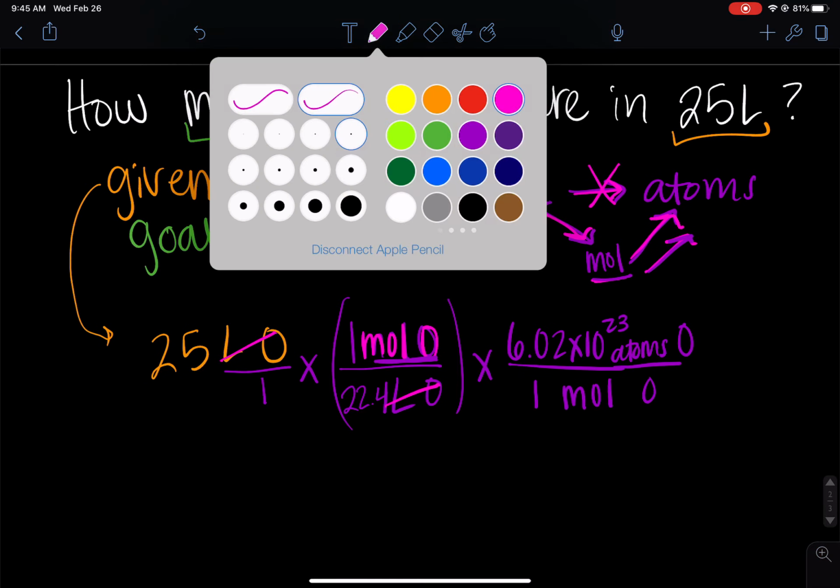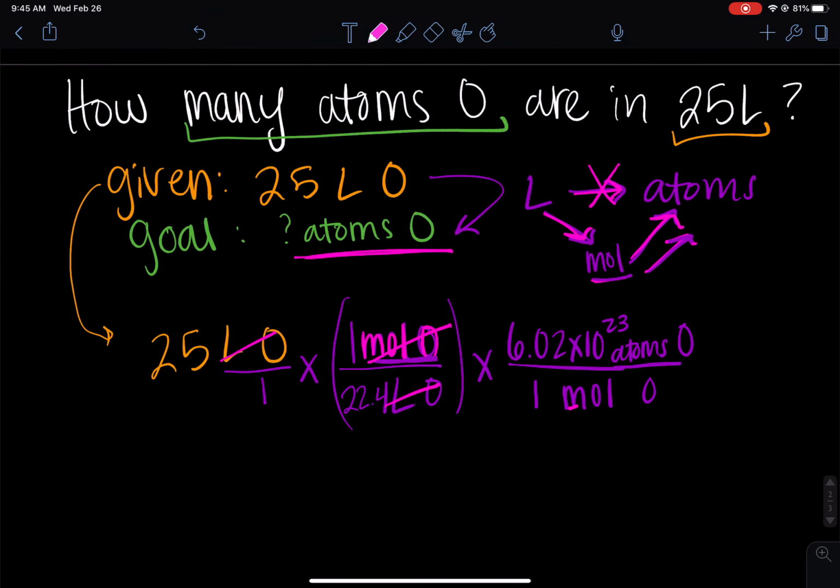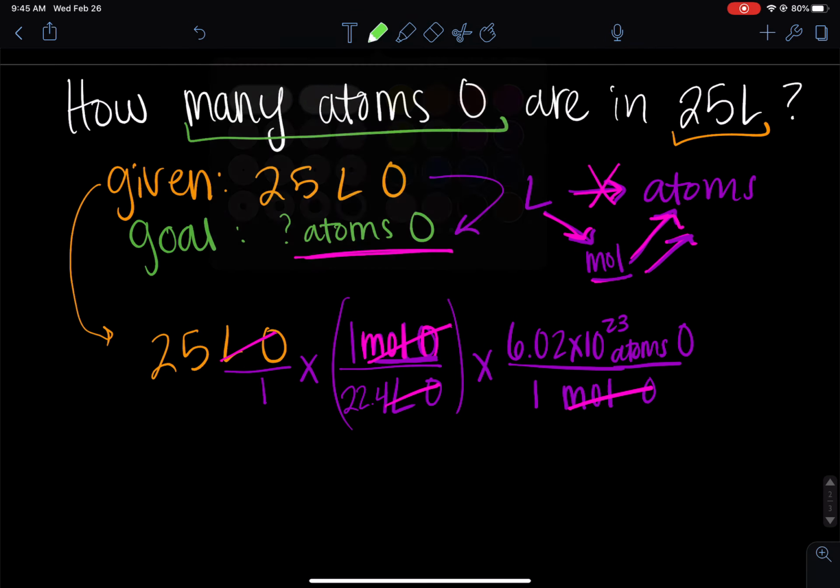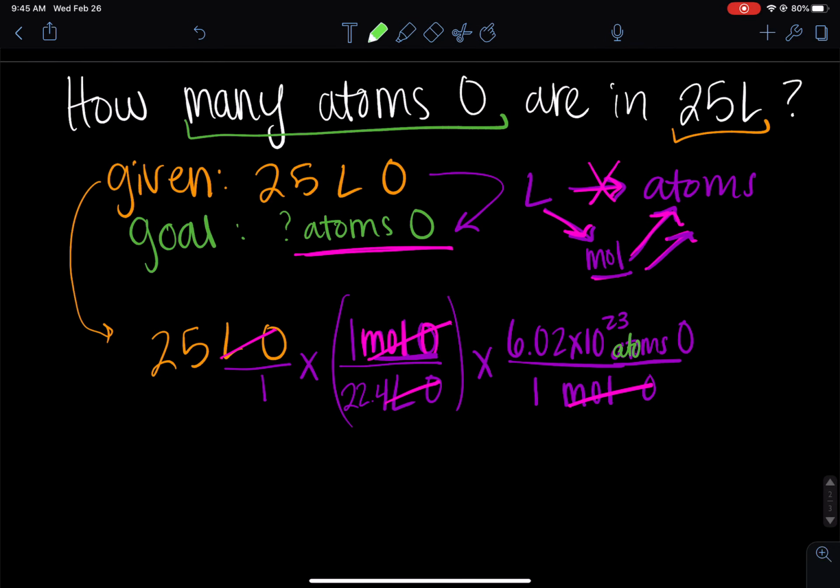So then moles of oxygen cancels with moles of oxygen, and the only thing I have left is atoms of oxygen. Okay, I have my numbers, so I have 25 times 1 times 6.02 times 10 to the 23rd divided by 22.4. So I have all my numbers still, and the only unit I have is atoms.